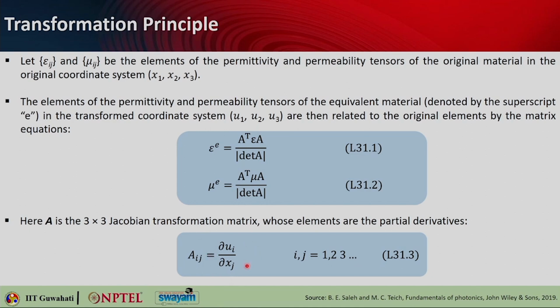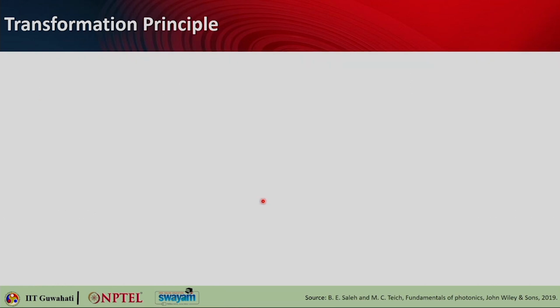So the matrix elements are basically partial derivatives. u is the transformed coordinate system and xj represents the original coordinate system. Once you know this matrix A, which is a Jacobian matrix, you can find out the equivalent material's permittivity: A transpose, then epsilon, then A, divided by the determinant of this matrix A. A similar equation is used also for permeability.